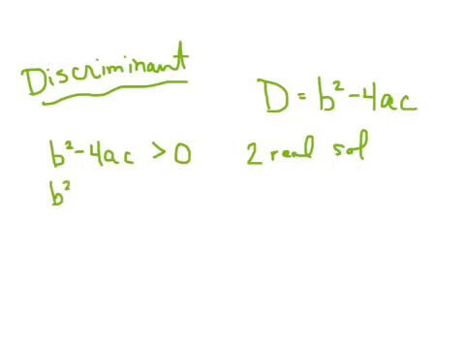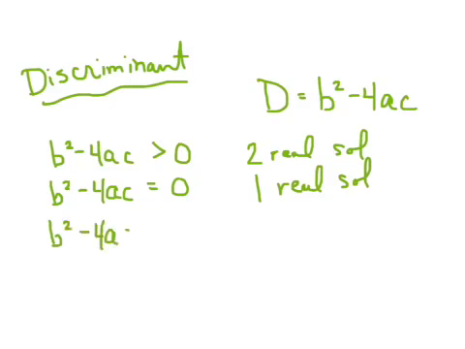If our b squared minus 4ac was equal to 0, which on that last one it was, we'd have one real solution. And like that last one, we only had the one answer, we had negative 3 over 2. Then if my b squared minus 4ac was less than 0, which means it's a negative number, I have 0 real solutions. I cannot square root a negative number and be real.